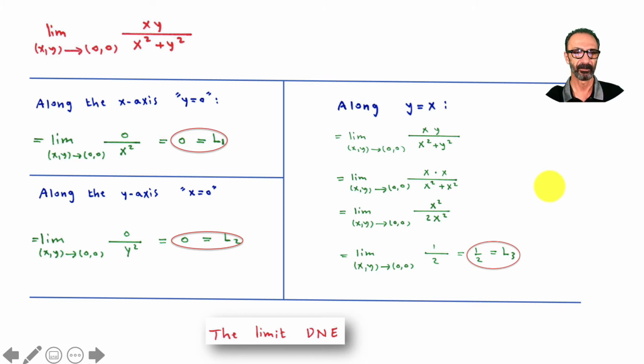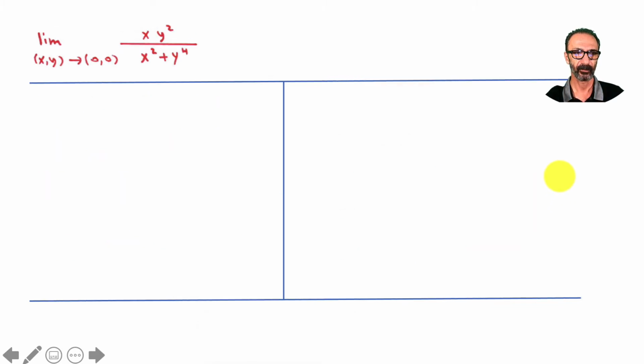Here's another example. This time the y has more. Let's try and speed up the process. Instead of going along y equals x, along y equals 5x, along y equals 7x, we cover them all and call it y equals mx, where m is just a slope.